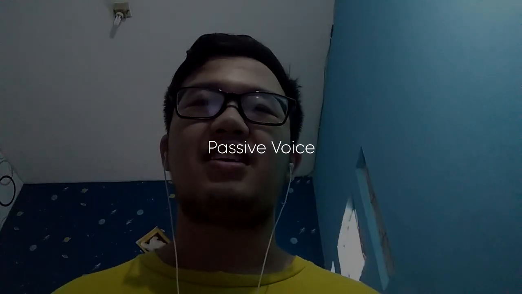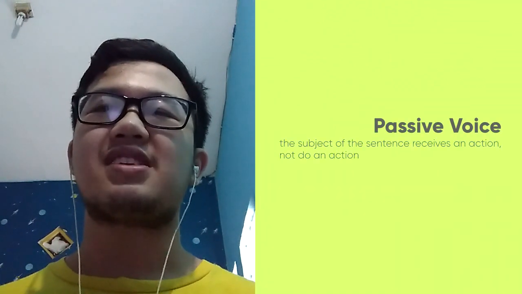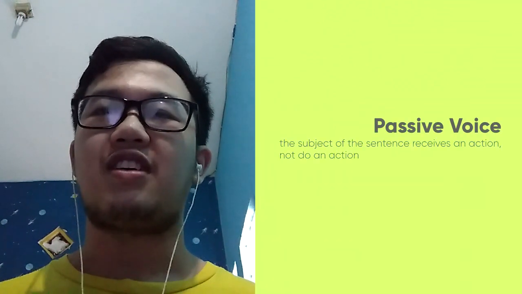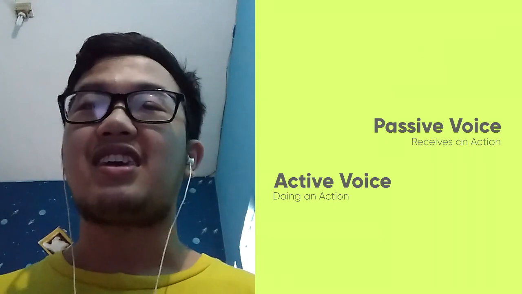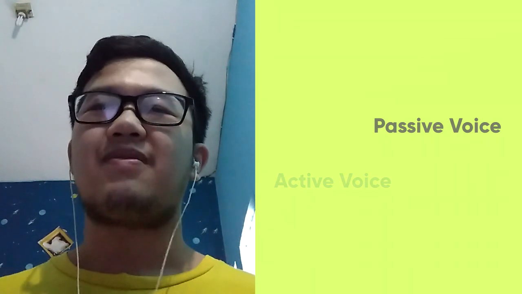Next is passive voice. Passive voice is a sentence form in which the subject of the sentence receives an action, not performs an action. Unlike active voice, the focus is on the party doing the action. So this form is preferred when the focus is on the party or object that receives the result of the action. How to make the passive voice?